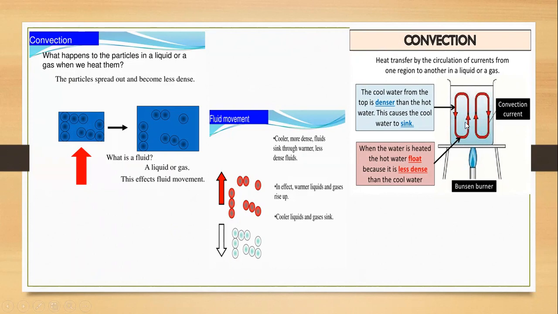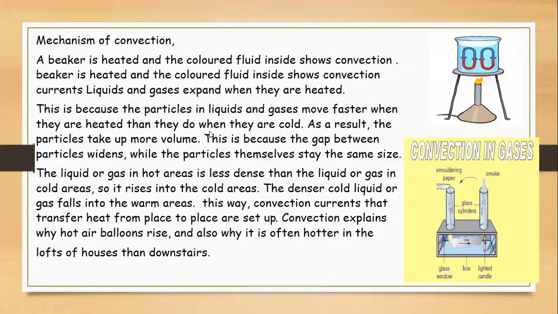So this is how a convection current is formed. So we say that in convection, the heat mixes due to the difference in densities. It flows from the hotter part to the colder part due to the movement of its molecules, and they move because of the difference in densities.